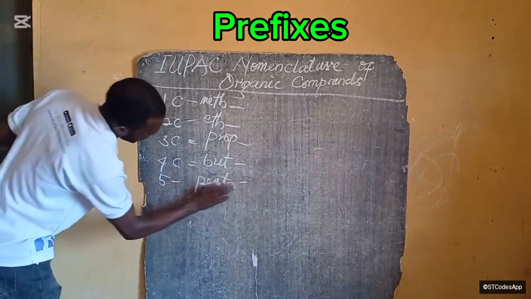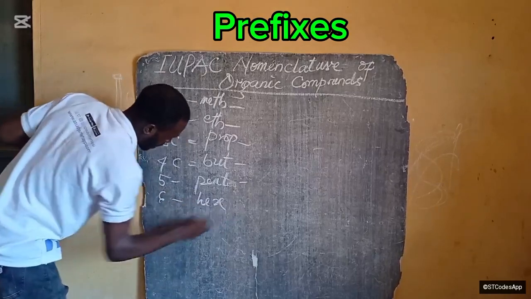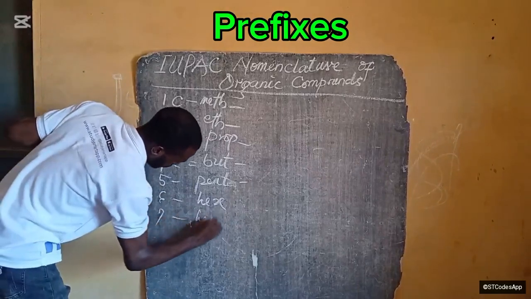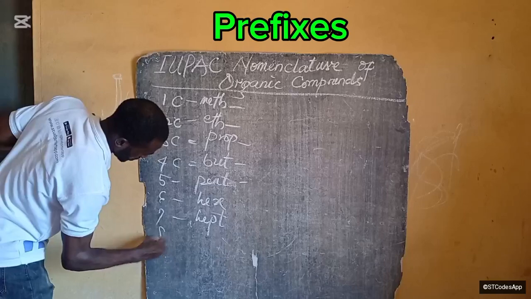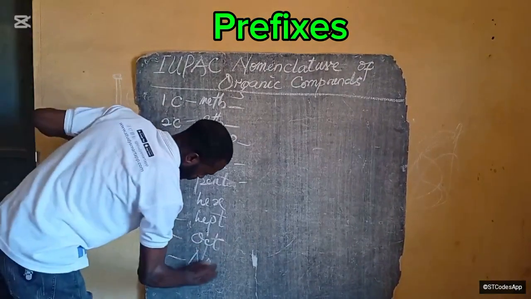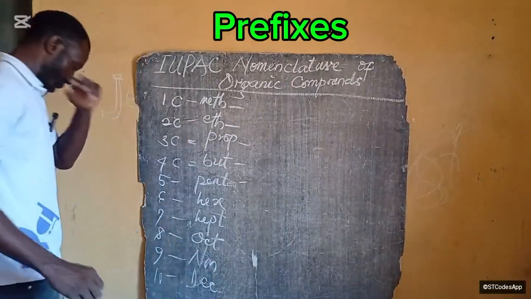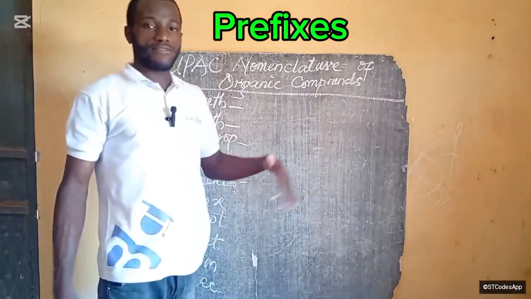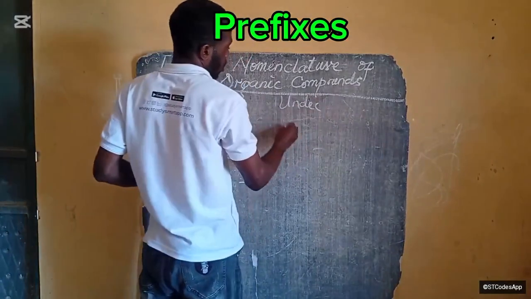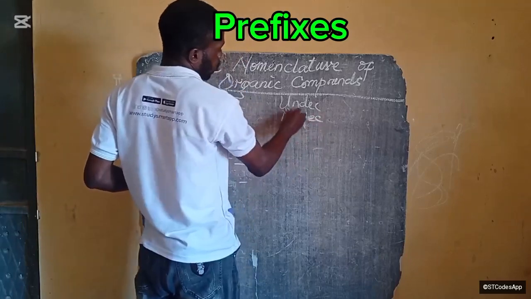Pent or penta. 6 hex or hexa. 7 hept. 8 oct. 9 non. 10 dec. Is that okay? You can continue. You can have 11 undec, 12 dodec, or you see duodec.